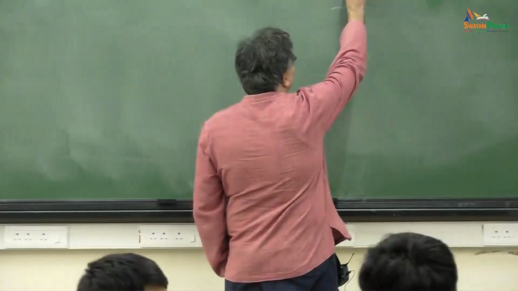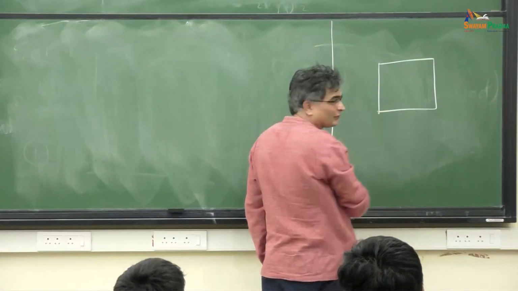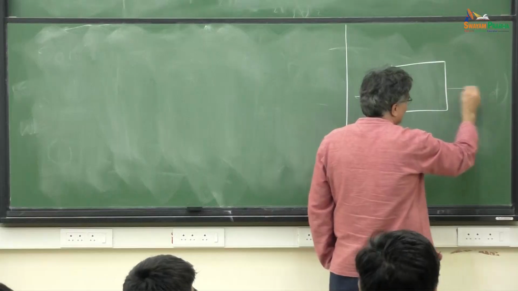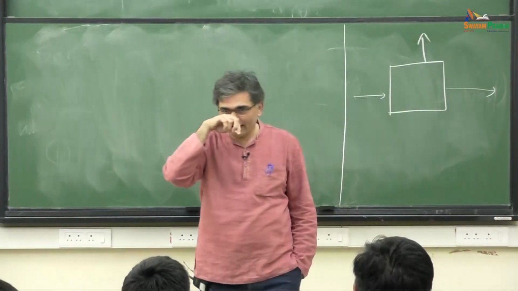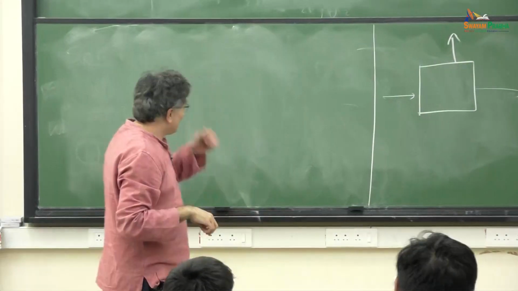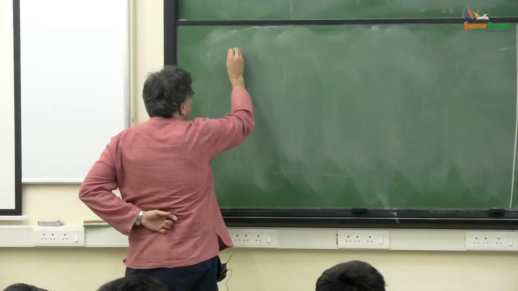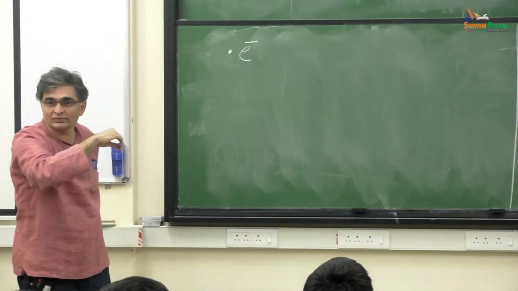So, let me recall what we discussed. You have this box, either color or whatever, a handedness box, and you can decide handedness by where it exits. What we know is that this is a notation for electron.